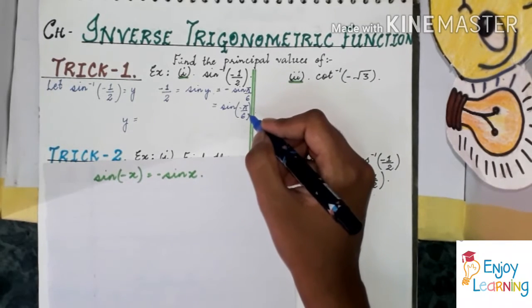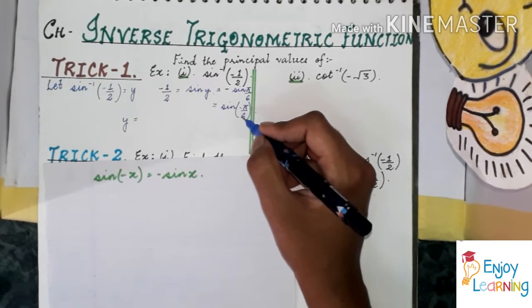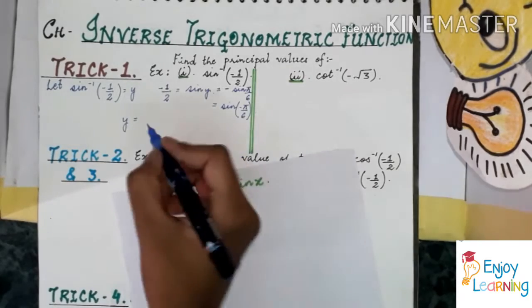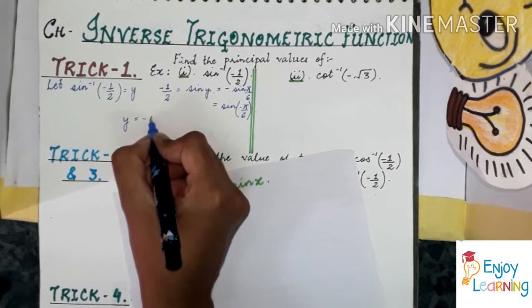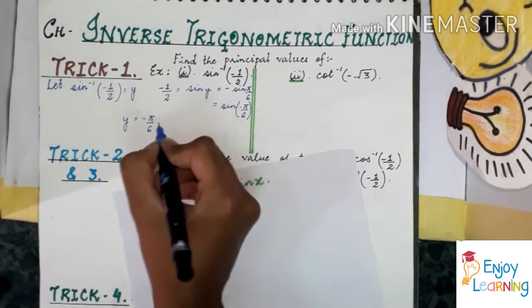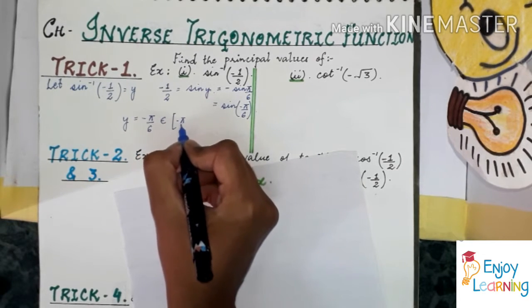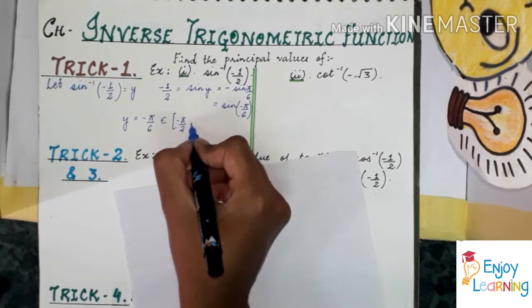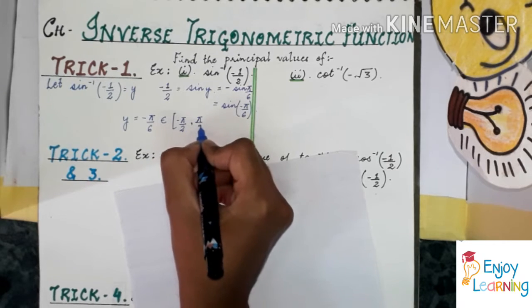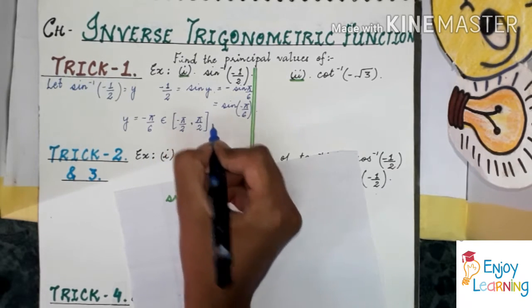So since minus pi by 6 lies in the principal value branch, only then can you say that y is equal to minus pi by 6. Why? Because it lies in the principal value branch of the sine inverse function, which is from minus pi by 2 to plus pi by 2, meaning minus 90 to plus 90 degrees.